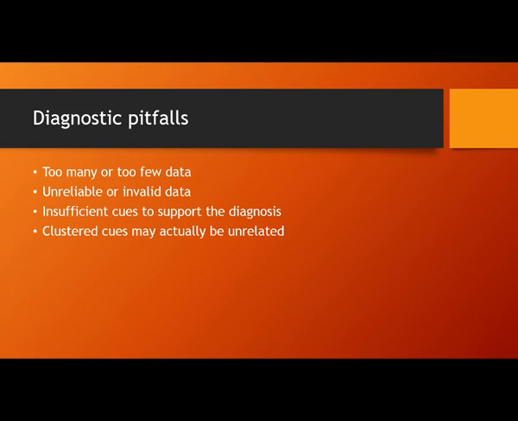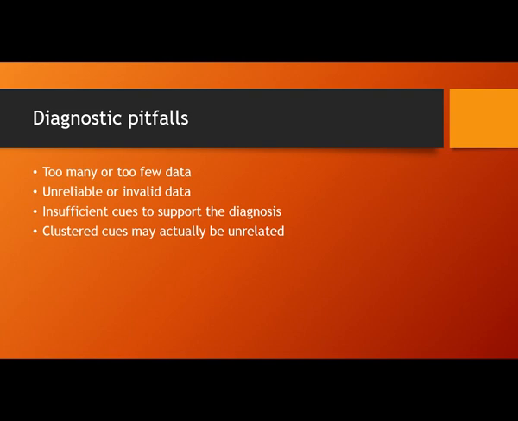Insufficient cues to support the diagnosis, where you have some cues that are pointing one way but they're not sufficient to support it. Another thing you can do is sometimes cluster cues that are actually unrelated, like maybe you have an irregular heartbeat and then you have some shortness of breath, and you think, I bet this person has some heart failure and that's causing the shortness of breath.